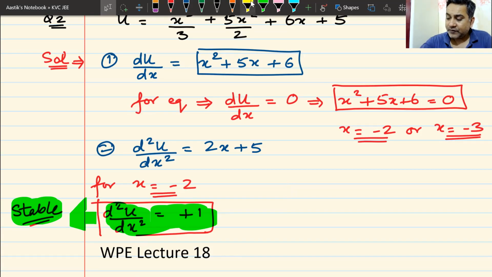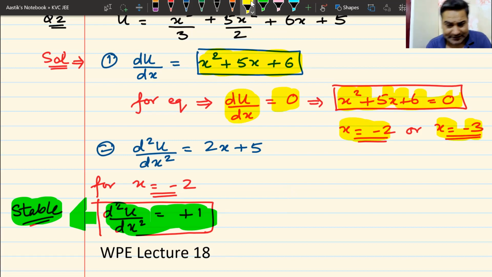Then you equate du by dx to 0. You solve the equation and you get your values for x, where du by dx is 0. In the question that we discussed in the last class, there were 2 points where du by dx was 0.